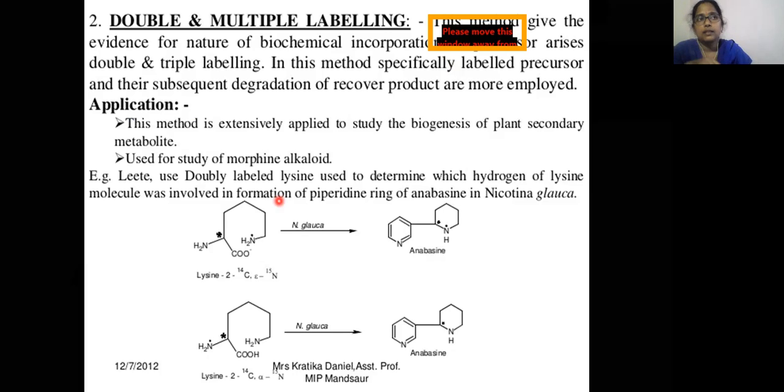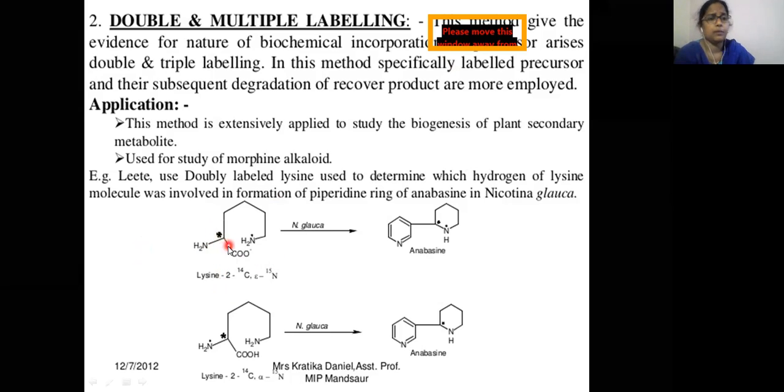Amino acids include an amino group, that means nitrogen. If you want to study the characteristics of nitrogen, how it is formed, then we need to use the nitrogen isotope, right? So here we have an example, lysine.